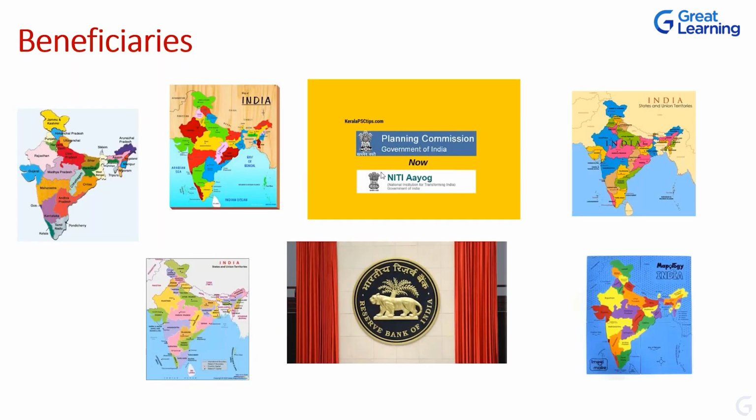And this is going to be very useful for Niti Aayog, which was earlier Planning Commission, Government of India, and Reserve Bank of India, for making their policies as to which type of economic development is suitable to which type of states, or which type of employment drive is to be executed within which part of a state.